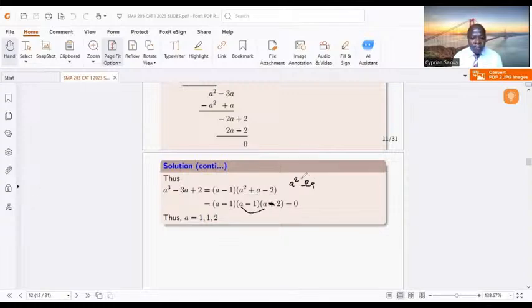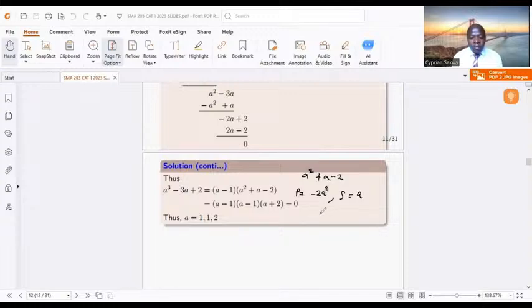We just factorize it. We have A squared plus A minus 2. You look for two values whose product is negative 2A squared and whose sum is A. What are those two values? The sum should be A and the product should be negative 2A squared.